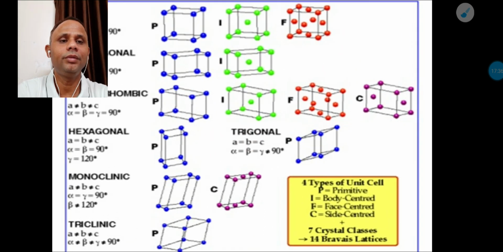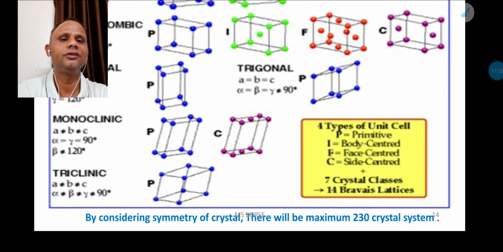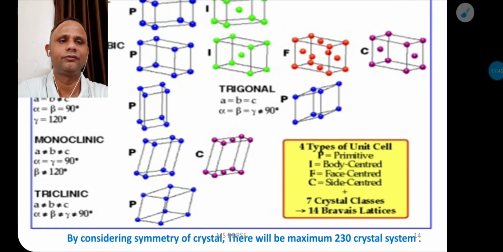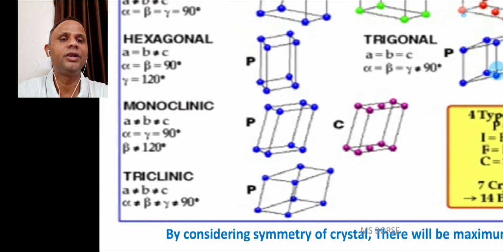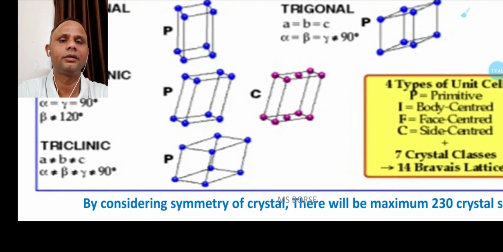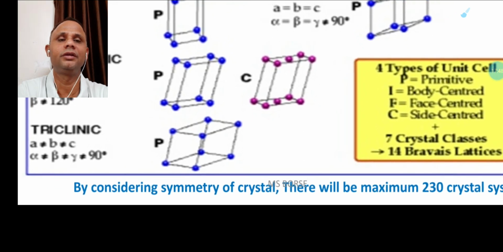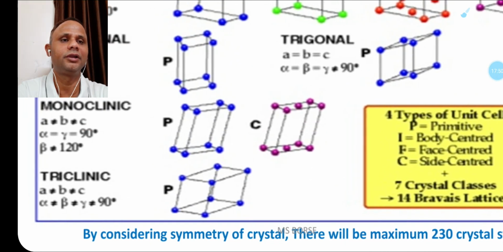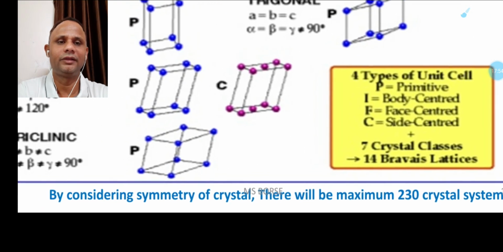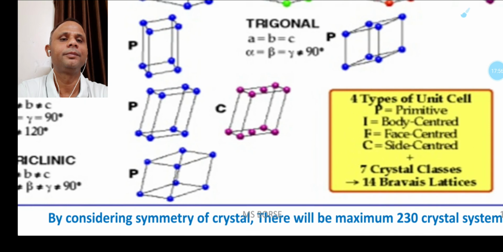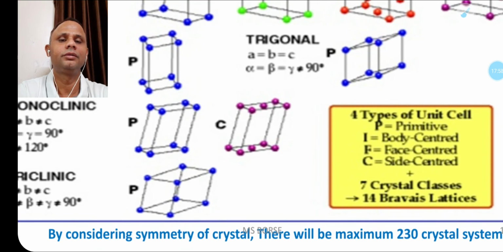But this is for your 12th syllabus. If you consider the symmetry of the crystalline compounds, there will be three types of symmetry: center of symmetry, axis of symmetry, plane of symmetry. If you consider these symmetries, the maximum is 230 crystal systems.